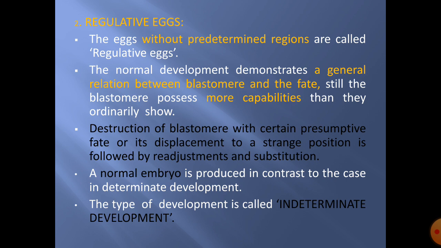So this type of development is called indeterminate development, and such eggs are called regulative eggs because they are capable of regulating their potentialities to develop depending on the situation.